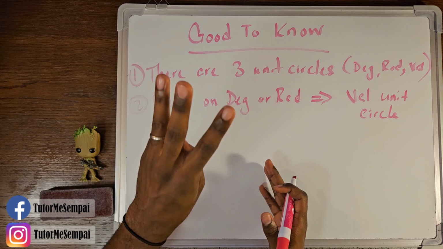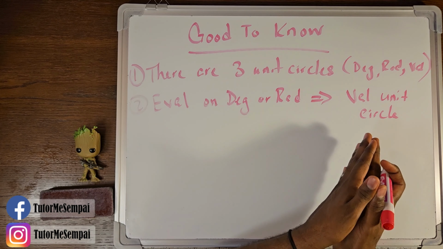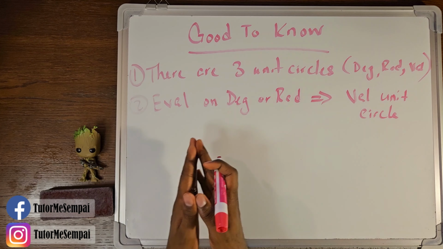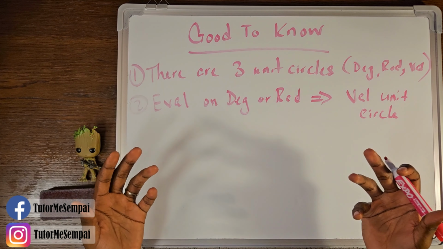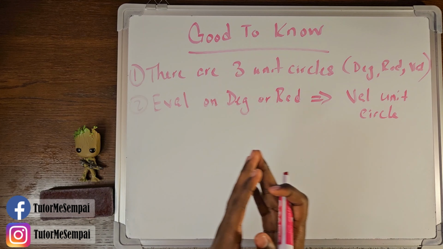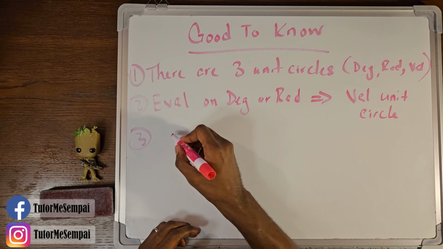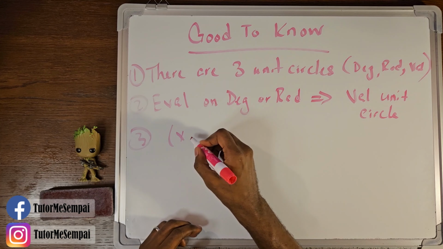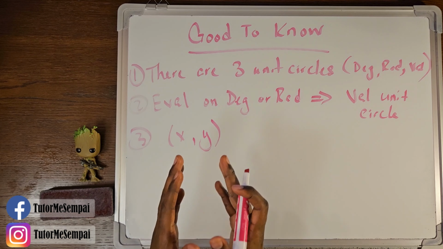Now this leads us to our third good to know point, the value unit circle. How do we read our value unit circle when it comes to our trig functions? Whenever we have a point, we have an x coordinate and a y coordinate. So when you have a point, you're typically going to write your x coordinate first and then your y coordinate second.